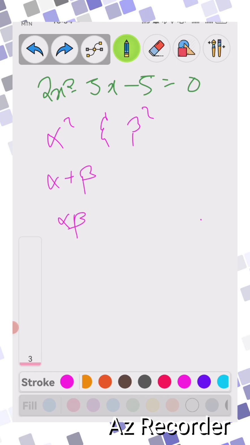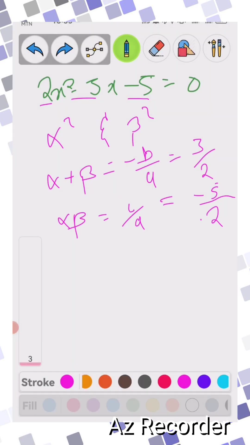These I'm always supposed to find. So alpha plus beta is negative b over a, and alpha beta is c over a. So what is my a? This is my a, this is my b, this is my c. My b is negative 3, so here it's going to be positive 3 over 2. That is the sum of my roots. And then the product of my roots is going to be negative 5 over 2.